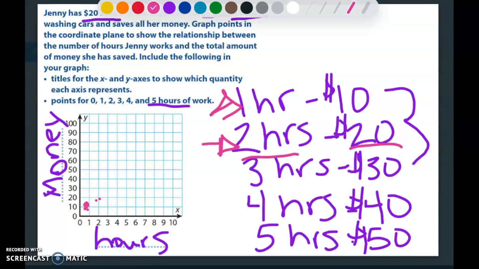Okay, 3 hours, I go to 30. 4 hours, I go to 40. 5 hours, I go to 50. So you can obviously see 6 hours would be 60, 7 hours would be 70.